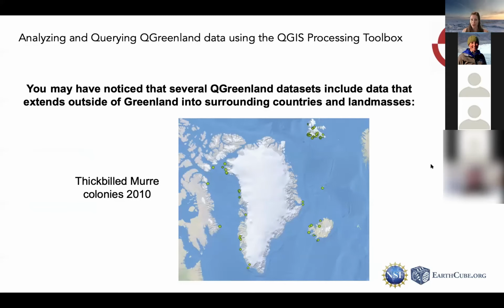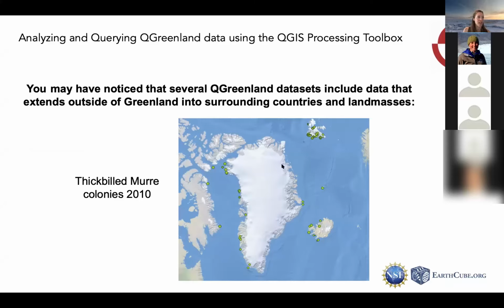If you've looked in some more detail at some of the data layers included in the QGreenland data package, you'll notice that there are many data sets that include data that extend outside of QGreenland, so outside of the QGreenland border and boundaries. This is just one example of a data layer that does that. This is another bird layer, thick-billed murre colonies from 2010.